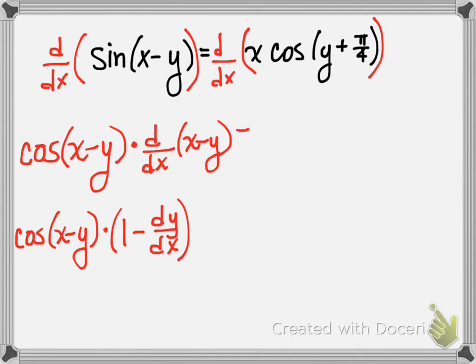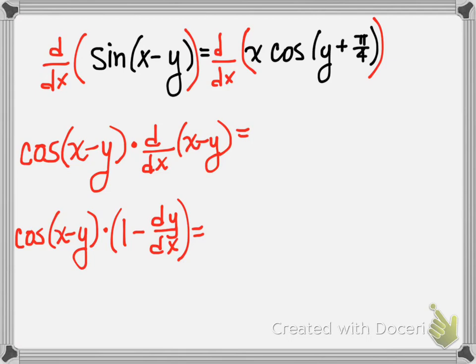Now I'm going to set that equal to the derivative of the right side with respect to x. If I look at the right side, my fundamental structure is multiplication. So I have a product. I have x as my first function, and cosine of y plus pi over 4 is my second function. So for the derivative with respect to x, I need to use the product rule.